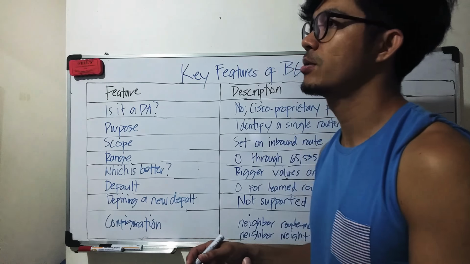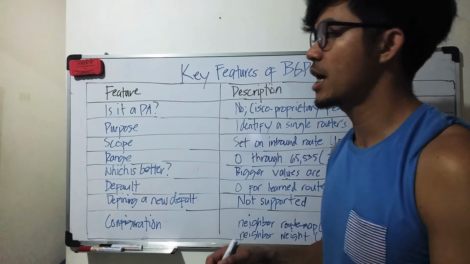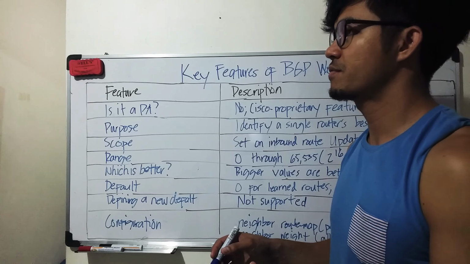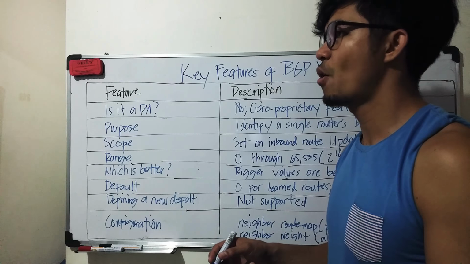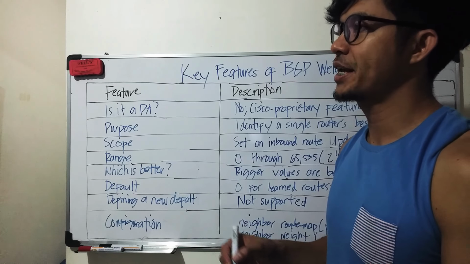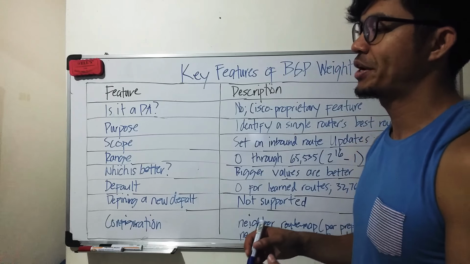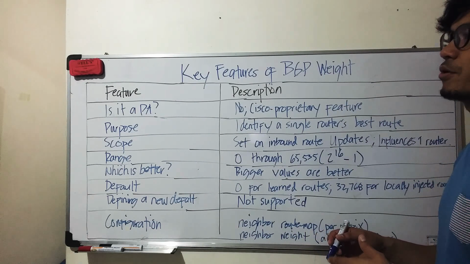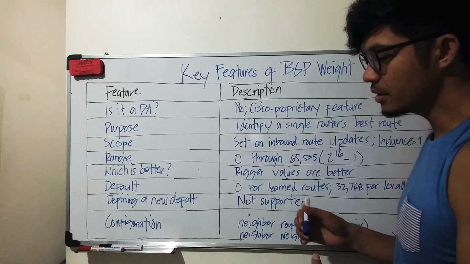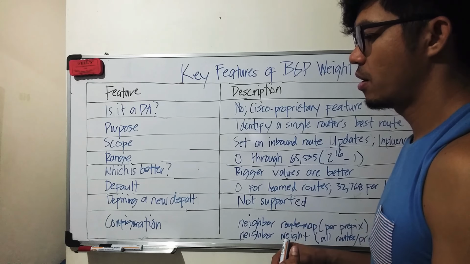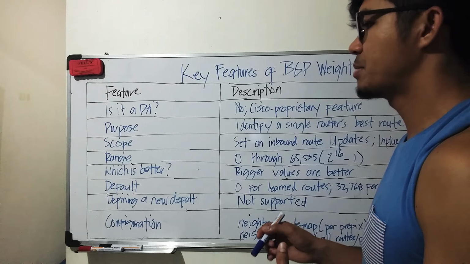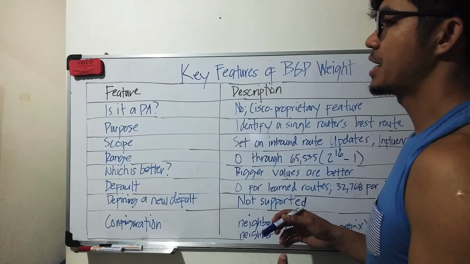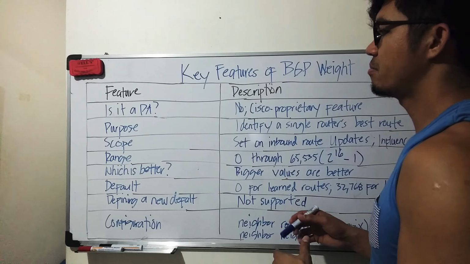So N is for next hop, W is for weight, L is for local pref, the second L is for locally injected routes, A is for AS path length, O is for origin, M is for metric, N is for neighbor type, I is for IGP metric.